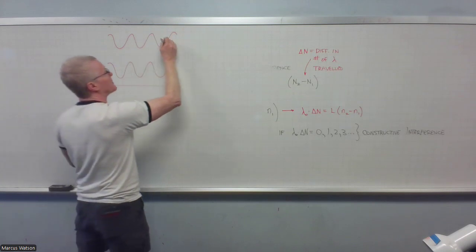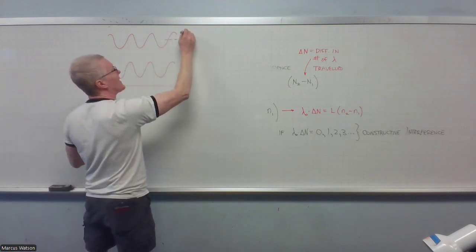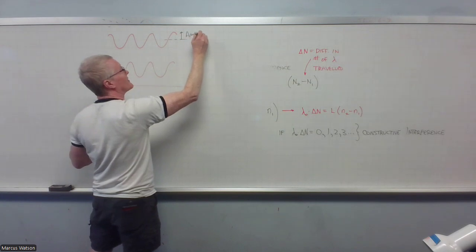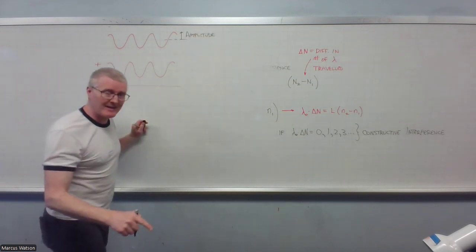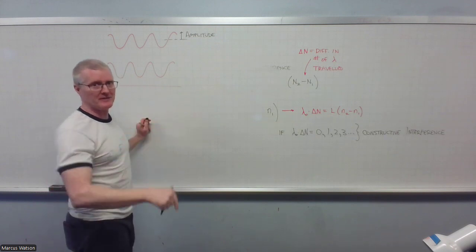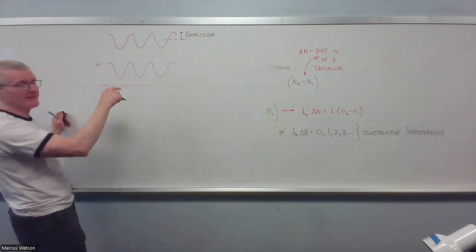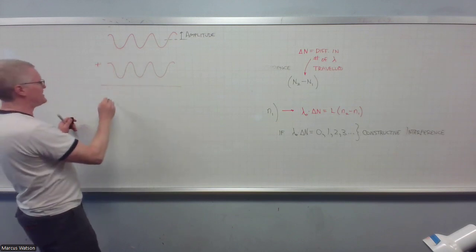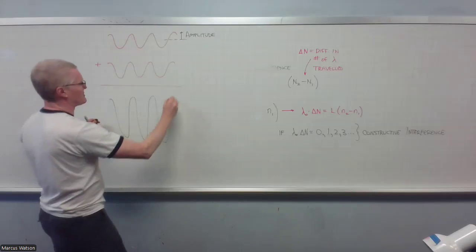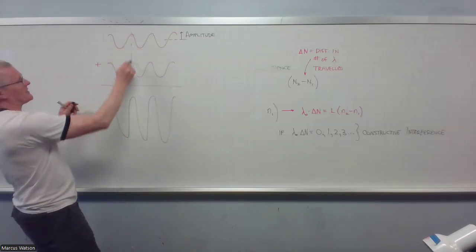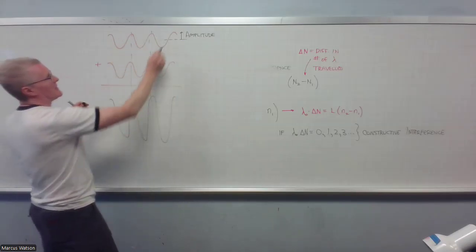The amplitude, as you probably are aware, is that distance there. Not from peak to valley, it's half of the distance from peak to valley. It's like peak back to sea level. So if I add these, then I'm going to get this. Same frequency, right?